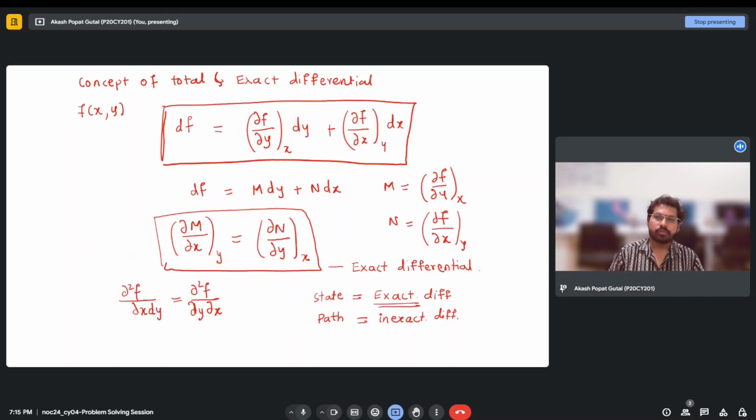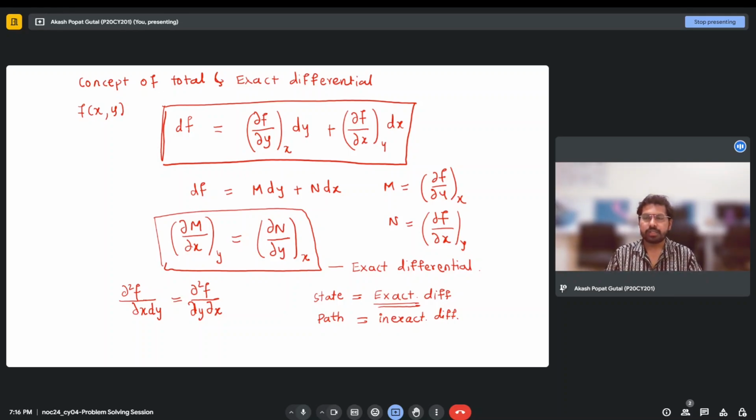Then we defined what is the total and exact differential. So this is the mathematical form. Suppose f is a function of x and y.